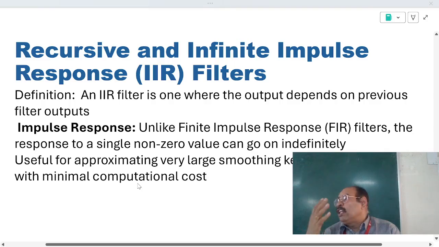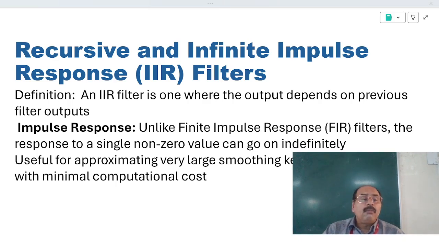That means the response can be infinite. That is why it is called infinite impulse response. If I could get the connection, I would have explained it in a much better way. Now, infinite impulse response filters are used for approximating very large smoothing kernels with minimum computational cost.